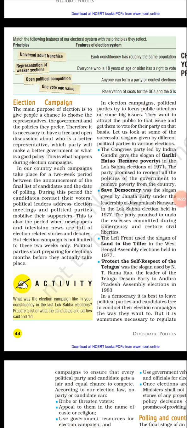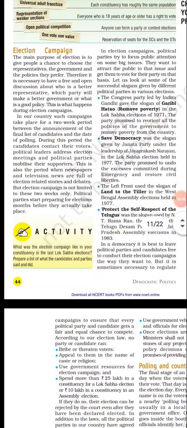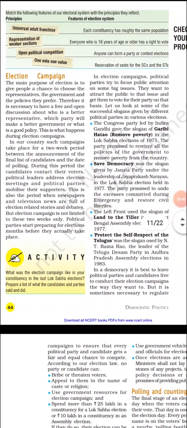Sometimes the parties give a slogan also, right? Examples are Garibi Hatao. This was the Congress party's slogan, when Indira Gandhi was leading in the Lok Sabha election of 1971. Another example was Save Democracy, from the Janata Party under the leadership of Jayaprakash Narayan.